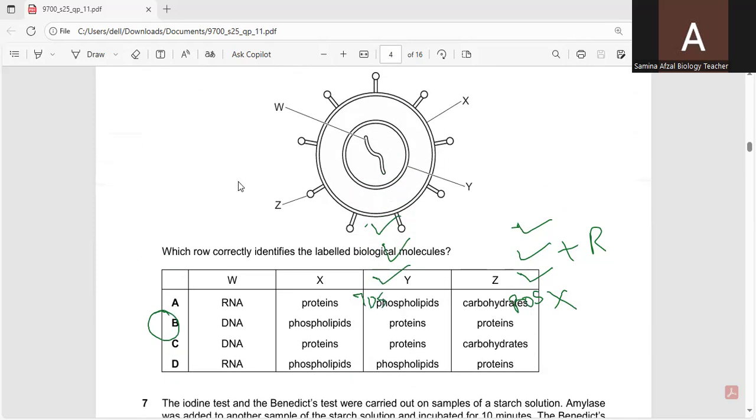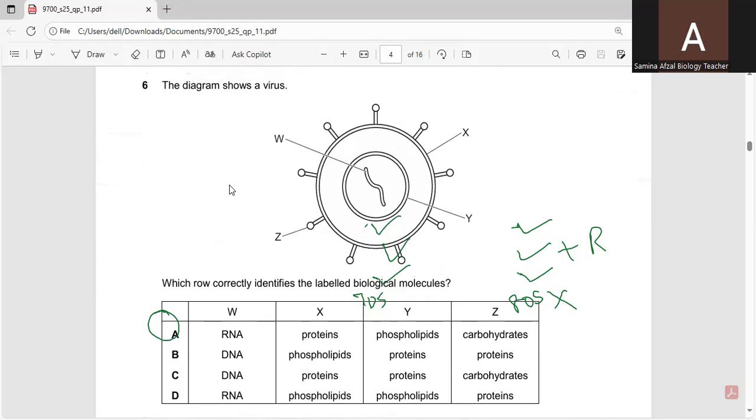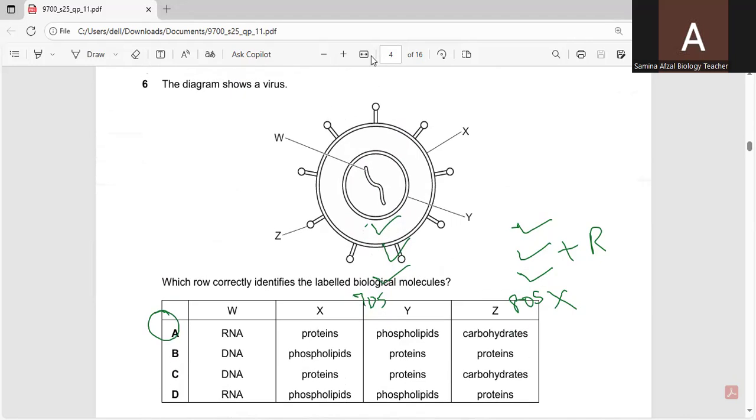Now I am moving towards question number 6. Question number 6 is, the diagram shows a virus. And here you can see they have labeled the 4 parts. According to them, W is DNA.